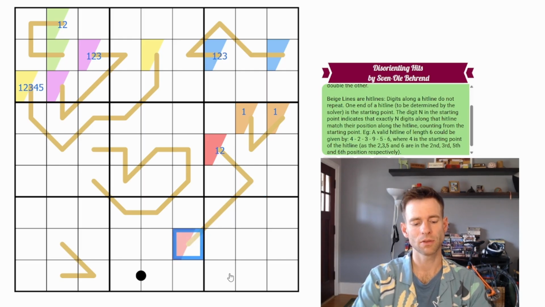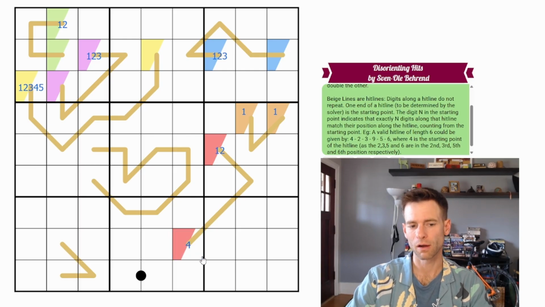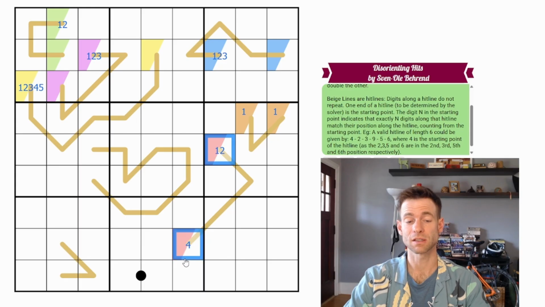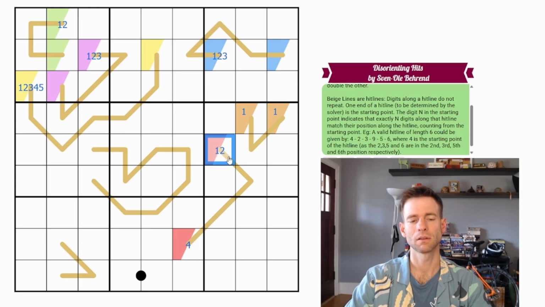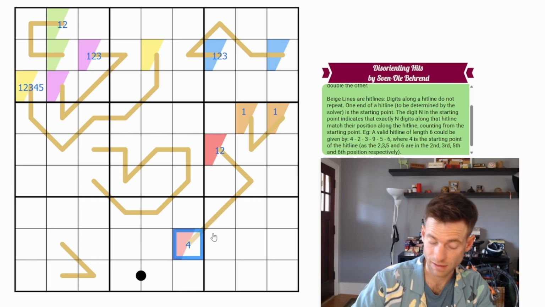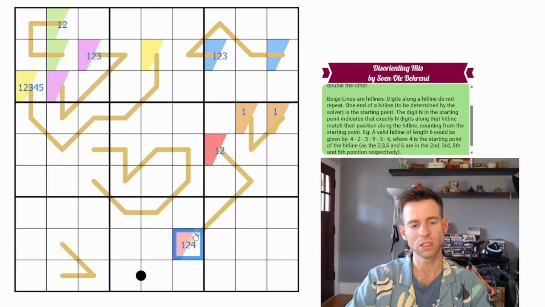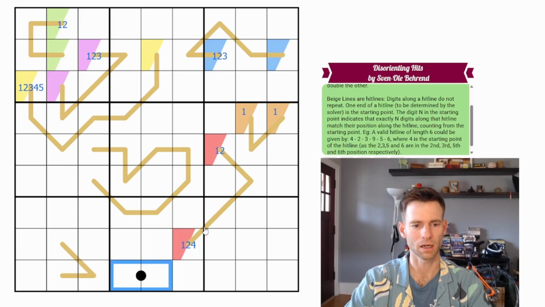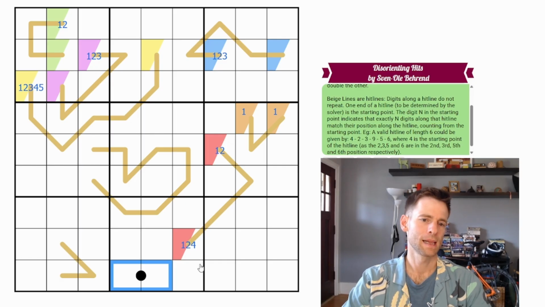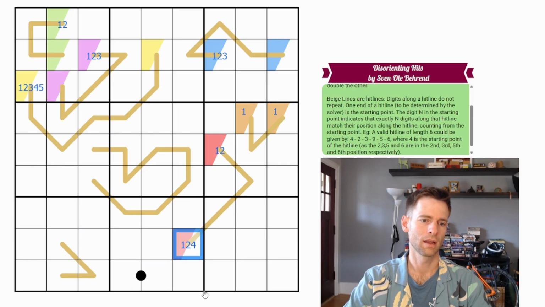Which means that either this is a 4, or it itself is the starting cell. One of these is the starting cell. If this is the starting cell, it's a 2. Can't be a 1. It would be a 2, which would make this a 3 and this a 4. But if this is the starting cell, it's a 1 or a 2. So this can only be 1, 2, or 4, which is kind of interesting. And I'm not gonna go there though. And if this is the starting cell, it could be a 1. Could be a 2.